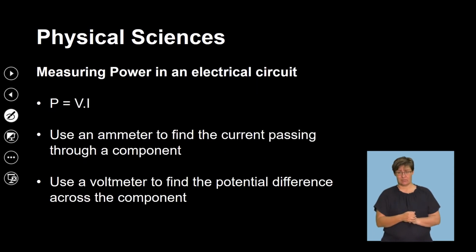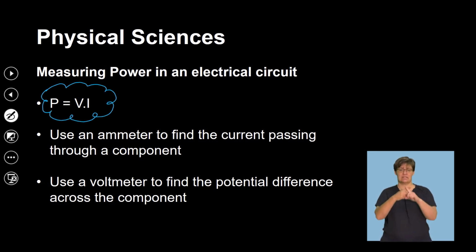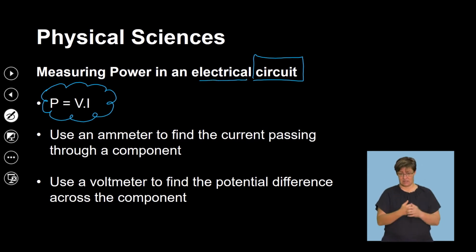That's the main thing. Now, if we are to measure power in an electrical circuit, we know that power is the product of voltage and current in a device. The context here is electrical power, not mechanical power, so the circuit is what is of interest to us.